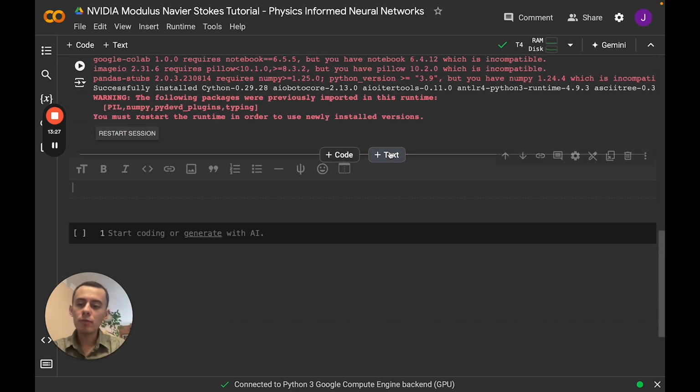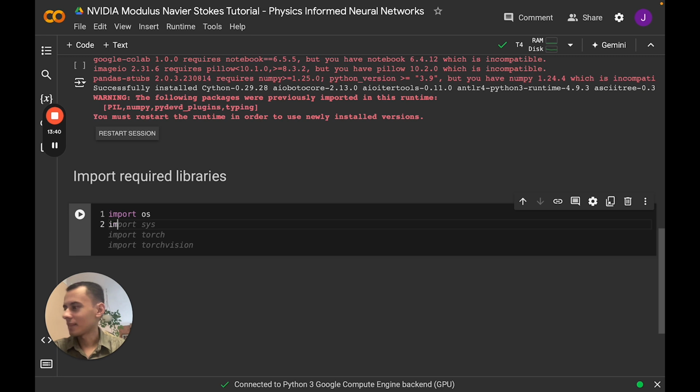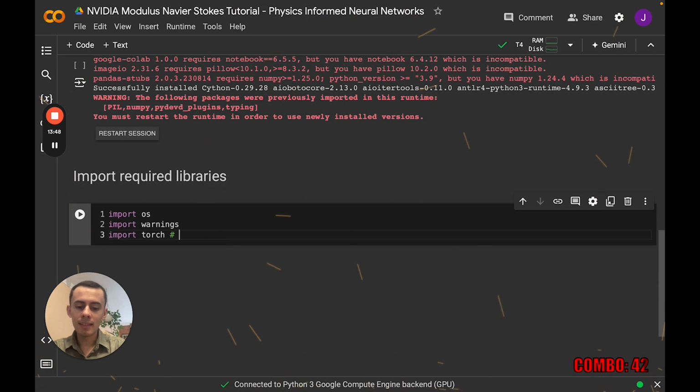So the next step is to import the required libraries. There are a few that have nothing to do with NVIDIA Modulus. So, for example, import this one. This is just required. Import these ones. We're going to be needing this one as well. Import PyTorch, please.